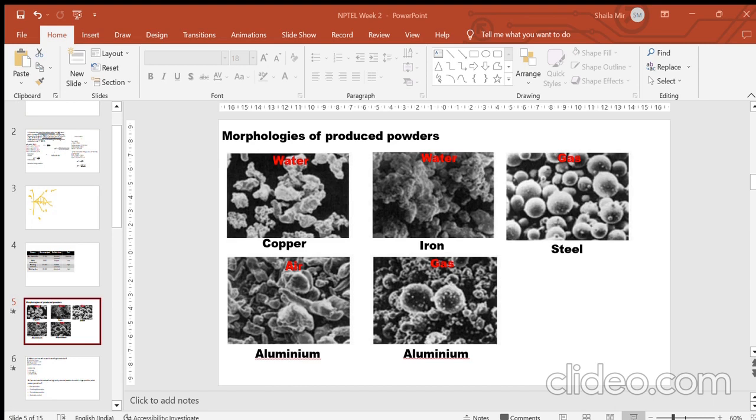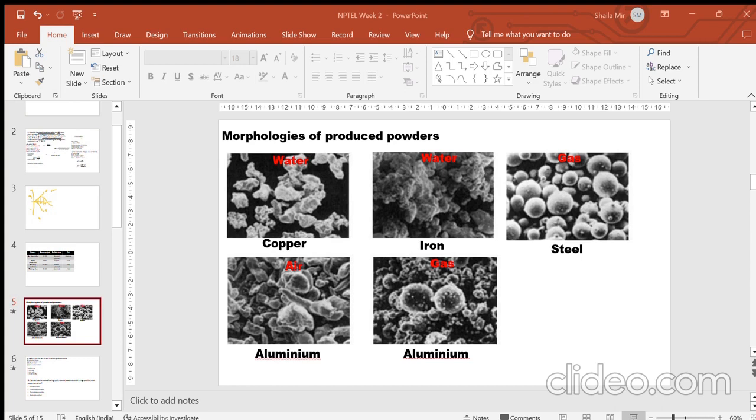The next question is, the coarse particles are obtained in water atomization as a result of what? We are saying that if in water atomization we want coarse particles, what should be the conditions? A low velocity of the water jet, a high velocity of the water jet, a low nozzle to metal distance, or none of the above.